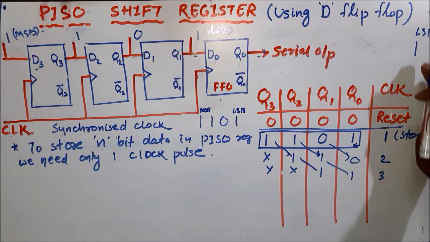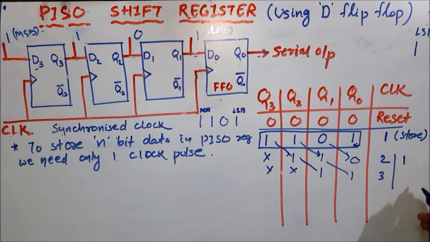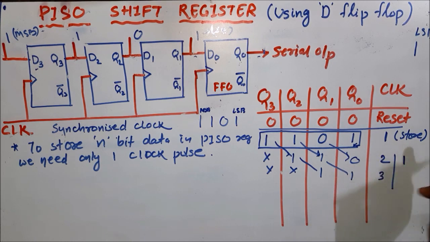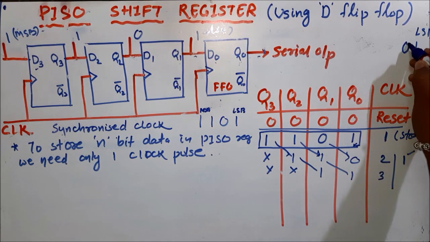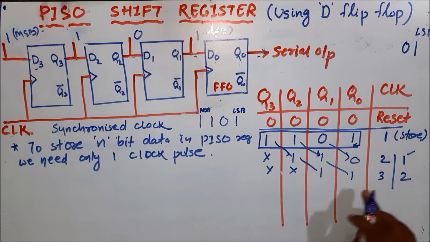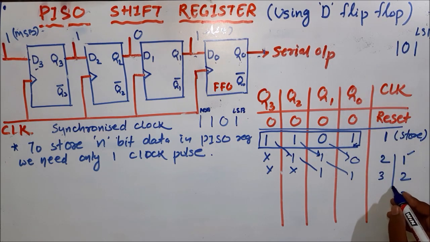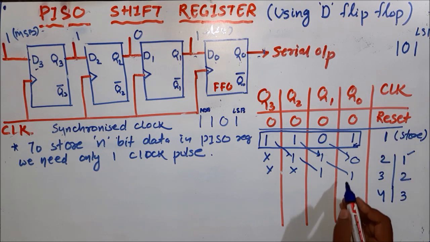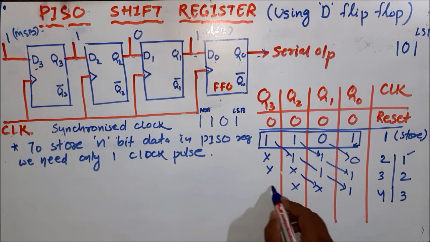So while storing, I got one, that is the LSB. So this is the first clock pulse for retrieving. This is the second clock pulse for storing, but the first clock pulse for retrieving. So for the first clock pulse, I am getting 0. For the second clock pulse, I am getting 1. And when I apply the third or fourth clock pulse continuously, then this one is coming here, this don't care is coming here, and don't care all the things.